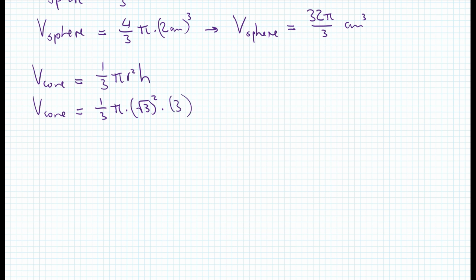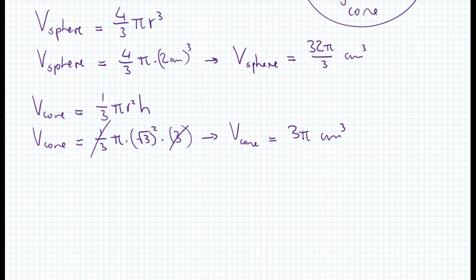Obviously, we're going to put the dimensions in as well when we're done. Here, a third and 3 cancel. So we conveniently end up with a volume for the cone equal to 3 pi centimeters cubed.